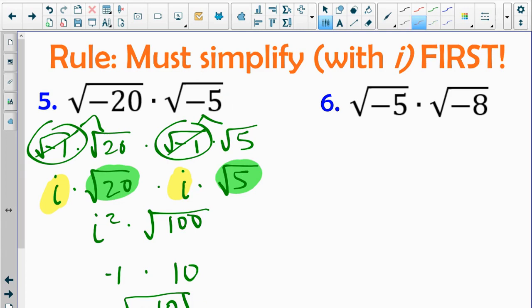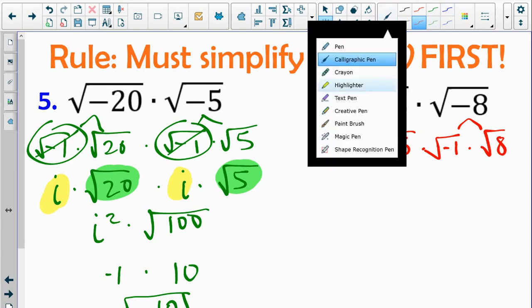Let's try number 6. The square root of -5, let's begin again by poking the i out, get that -1 out of there. Square root of -8, let's do the same thing over here. So square root of -1 times square root of 8. And I notice I have my i's.